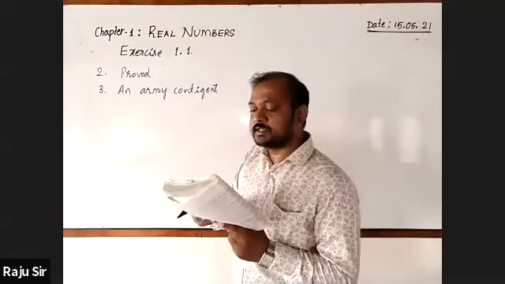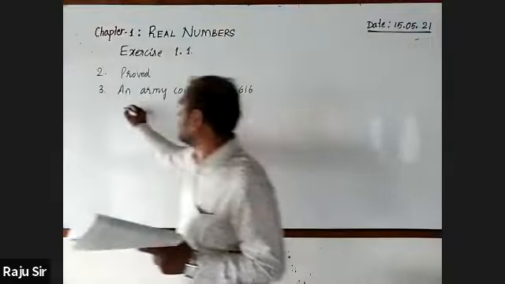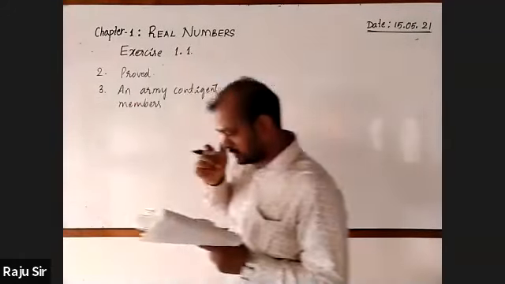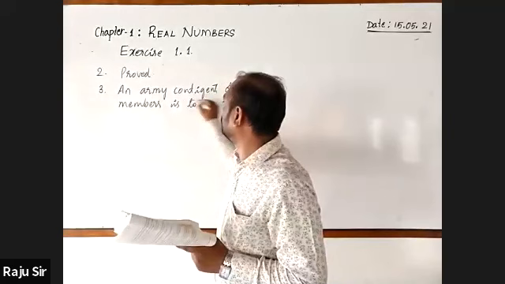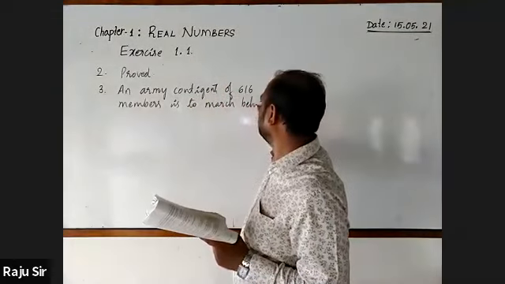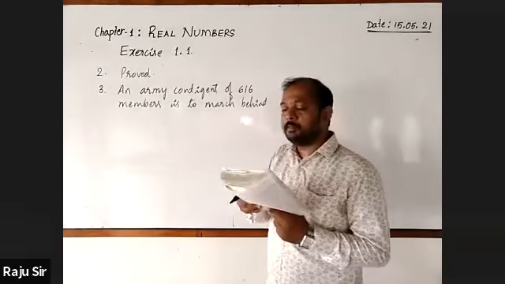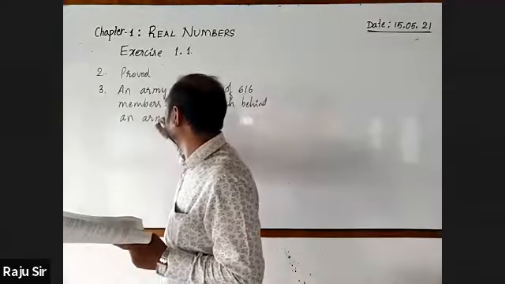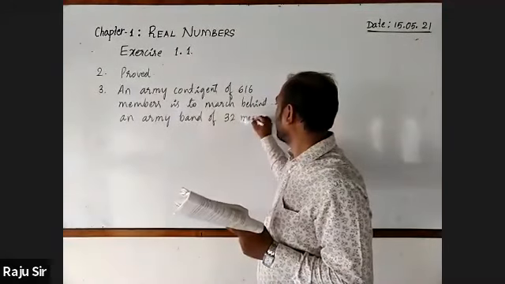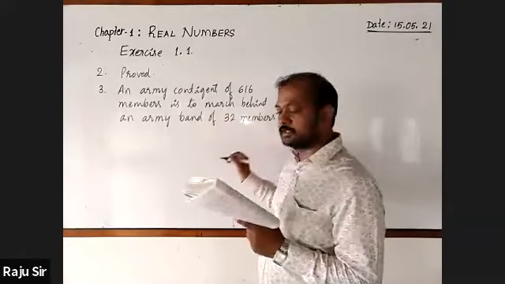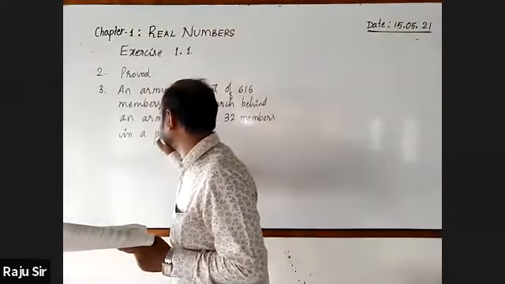An army contingent of 616 members is to march behind an army band of 32 members in a parade.